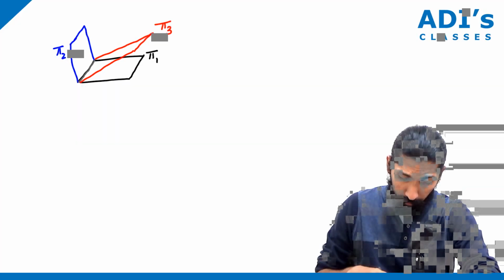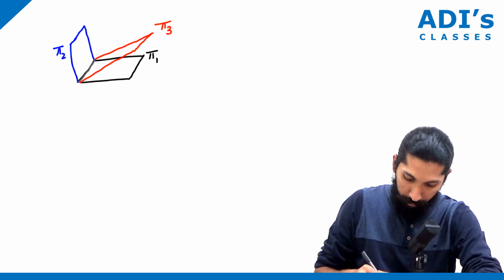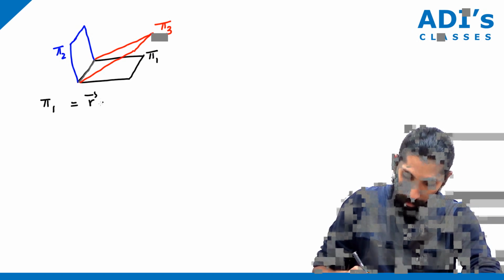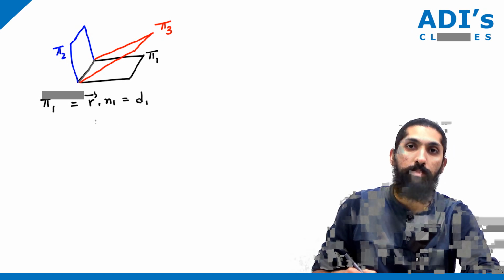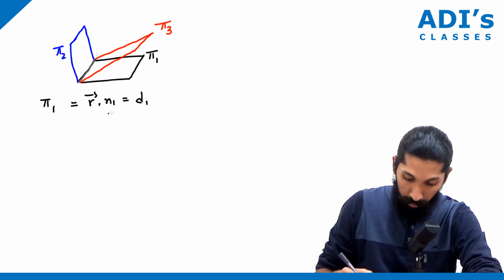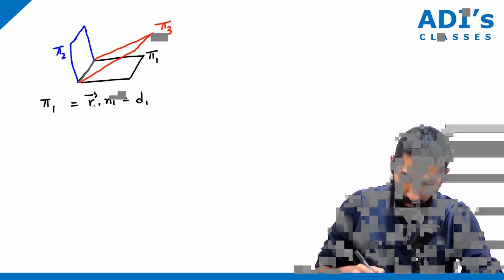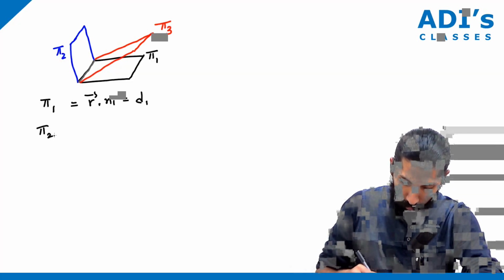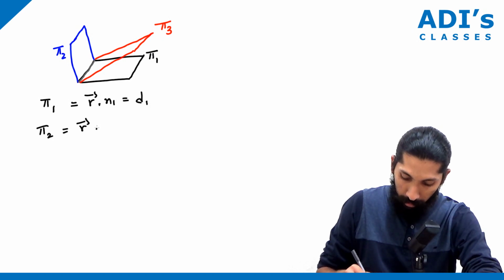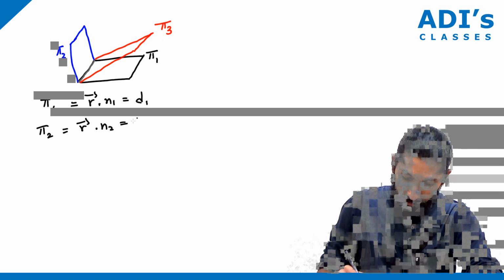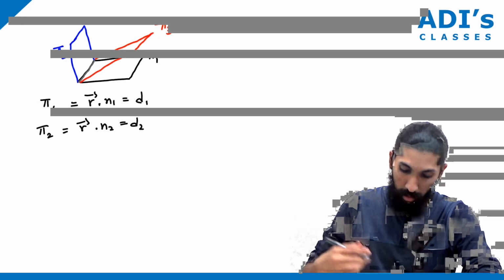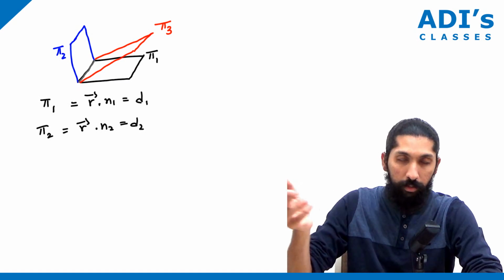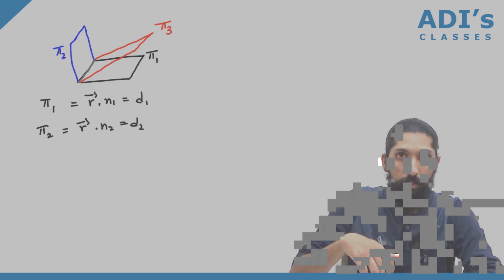In the vector form, pi 1 is r dot n1 equal to d1, correct? The second one, pi 2, is r dot n2 equal to d2. These are the two planes.